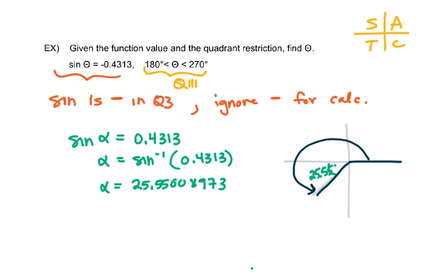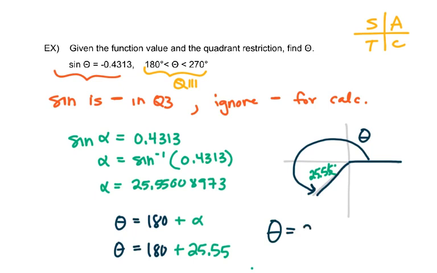Well, we need to add that 25.55 to 180 to find this theta value. So theta is 180 plus alpha. Theta is 180 plus 25.55. We determine that theta is 205.55 degrees.